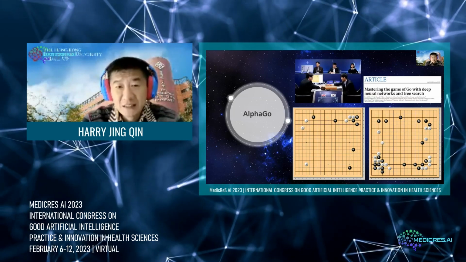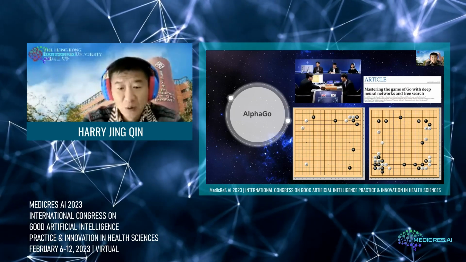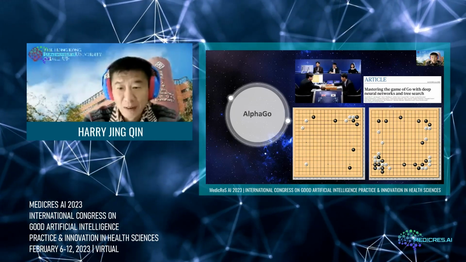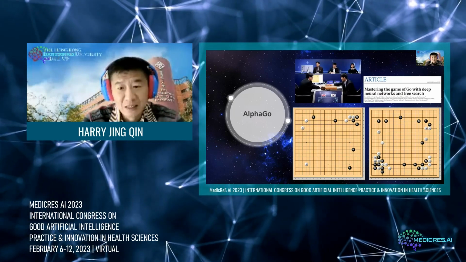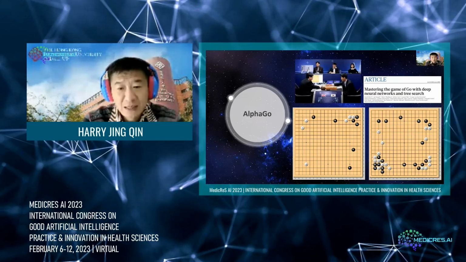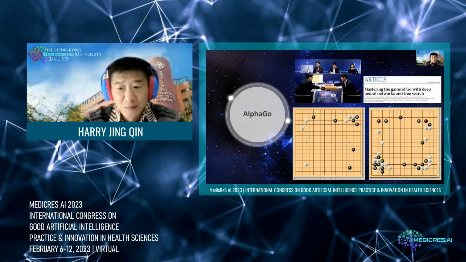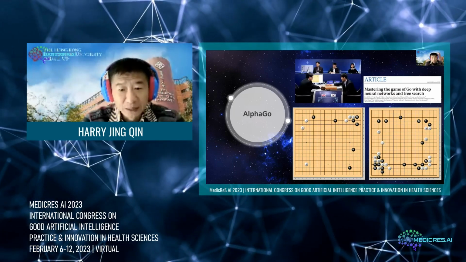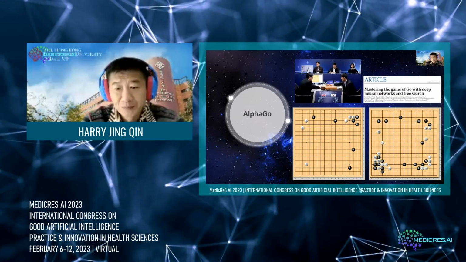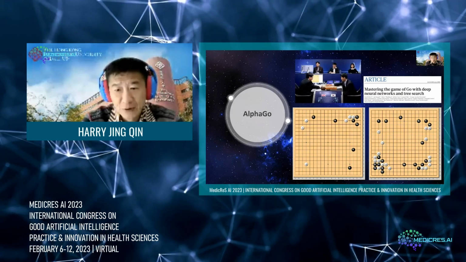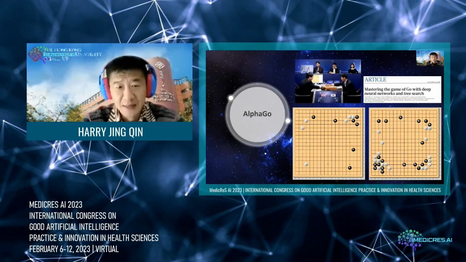But after the matches, top human players carefully studied these moves and found, though we still cannot say whether they are good or bad moves, in some respects, these moves really have advantages compared with traditional moves. So this demonstrates that deep learning can not only learn human beings' capability, but also create new knowledge based on existing knowledge. So we really hope this amazing characteristic can be used in the medicine and healthcare domain.